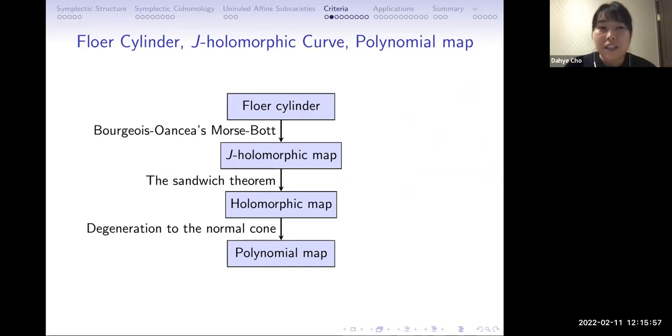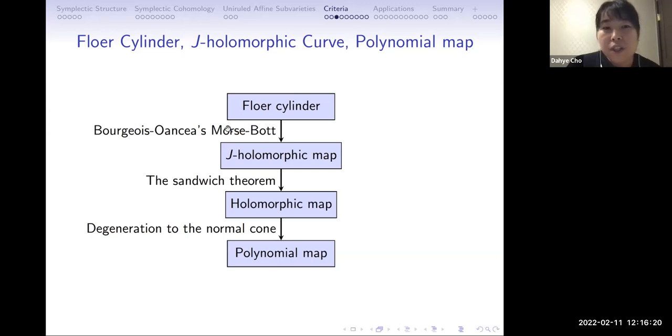The idea is, we have a Floer cylinder. It satisfies the perturbed Cauchy-Riemann equation. So we degenerate our Hamiltonian function to be constantly zero inside of the Liouville domain.